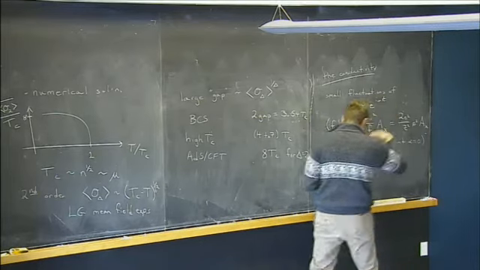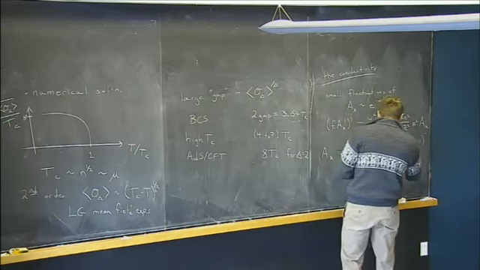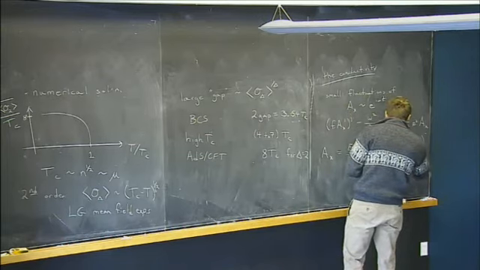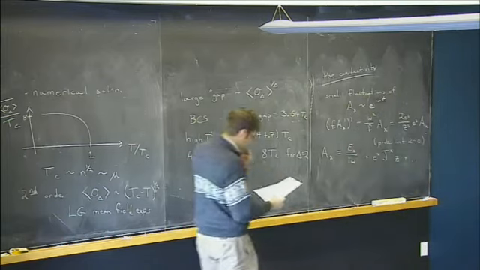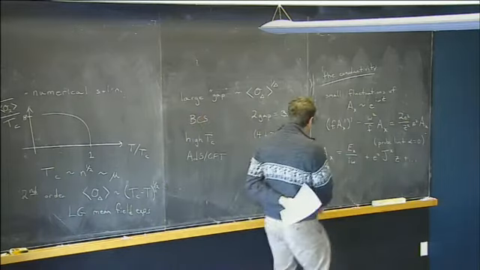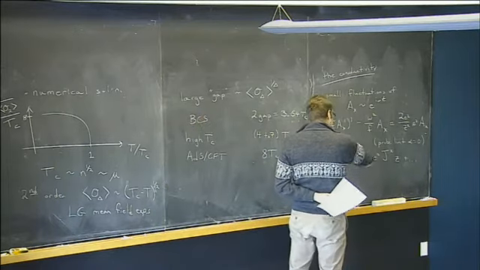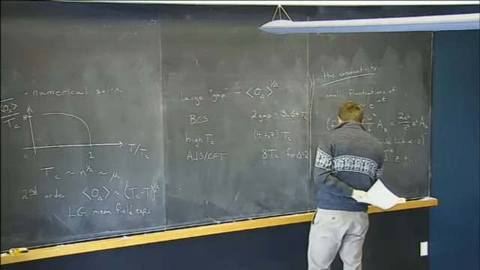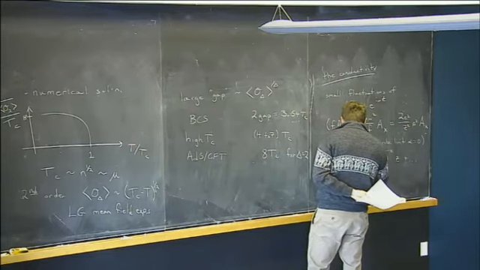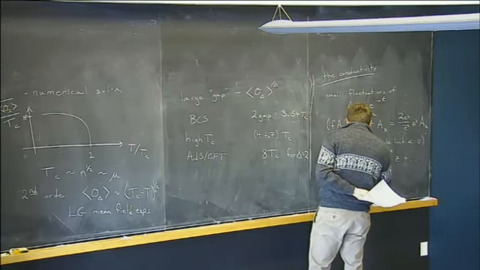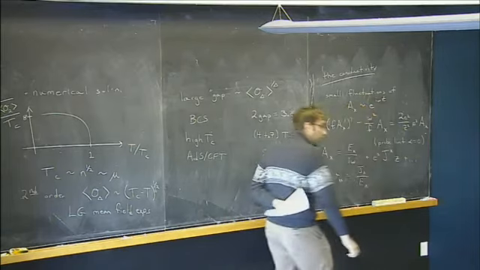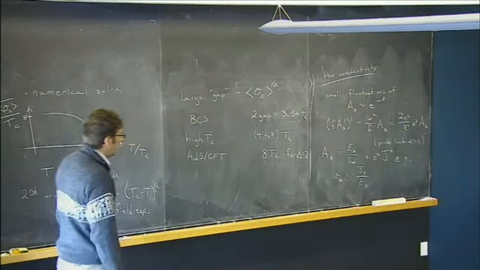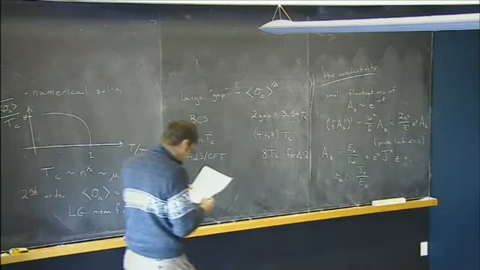The next guy is the expectation value, which in this case is the current in the x direction. And if I want the conductivity, well, I've got to solve for AX, look at some small z expansion, and take the ratio of the current in the electric field by Ohm's law, right? Electric field times the conductivity is the current.